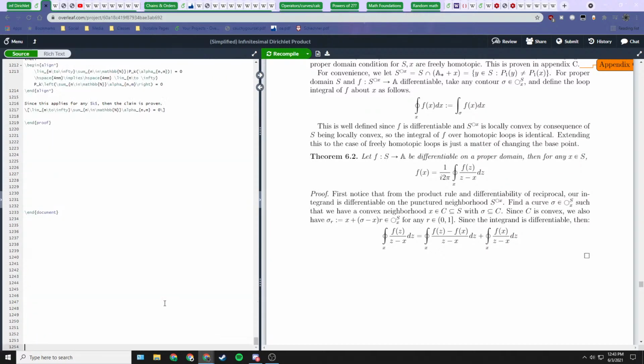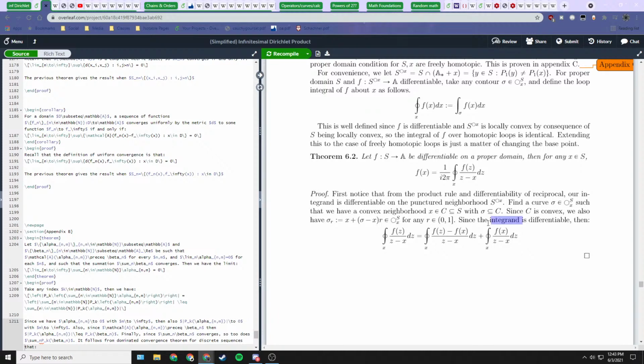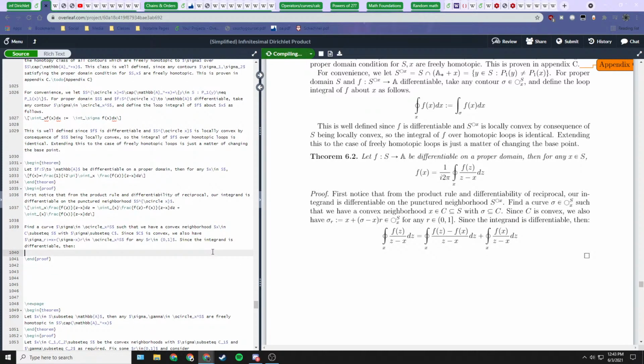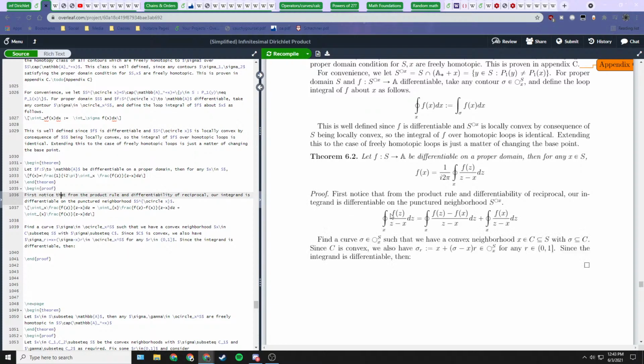So we start with this integral, separate out this f of x part, and add it back in. The first part stays the same, and the second part is just f of x times this circular integral.